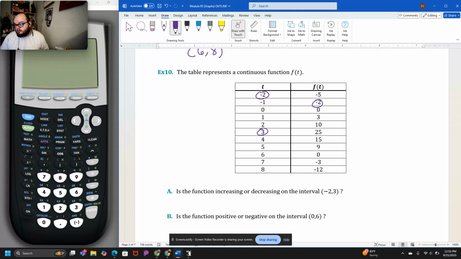Well, it looks like we went from negative 5 to 25, so we're increasing. And then we're looking on the interval from 0 to 6. Well, we're at 0, and then we're at 0, and everything in between is what? Positive. So we're positive during that interval. We get negative right after that interval.